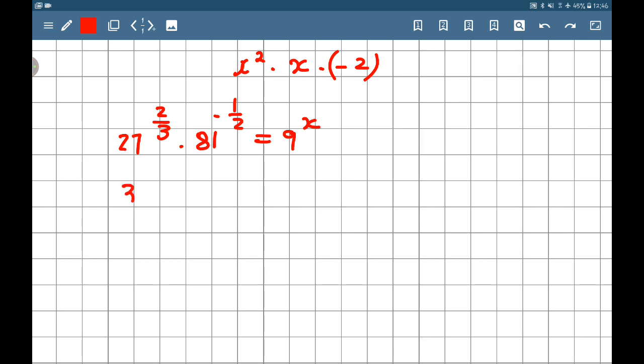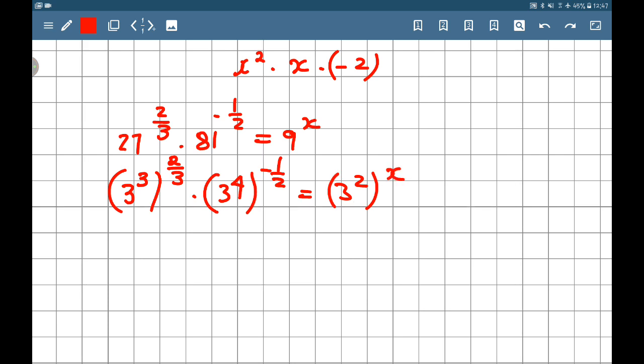And in this case, you have to change the composite bases to prime bases. And then after changing that, you are going to apply the rule that if you raise a power to a power, you multiply the powers. So 3 multiplied by 2 over 3, you're going to get 2, right?